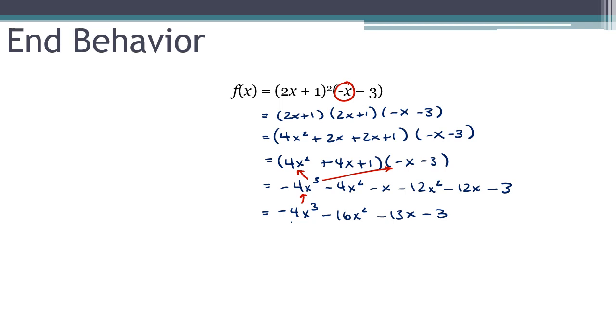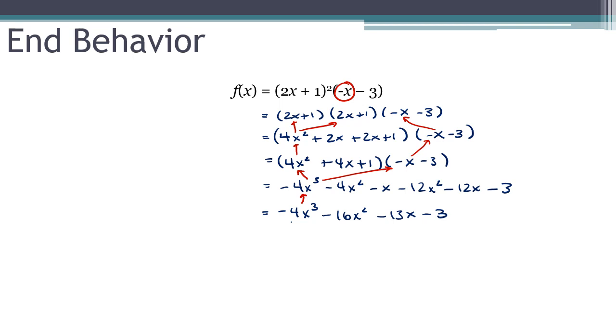Right, now let's keep going backwards. Where did the 4x squared come from? The 4x squared, there's only one of them, came from these two 2x terms. So once again, look at where we end up.